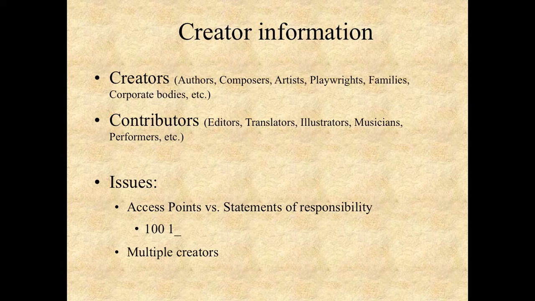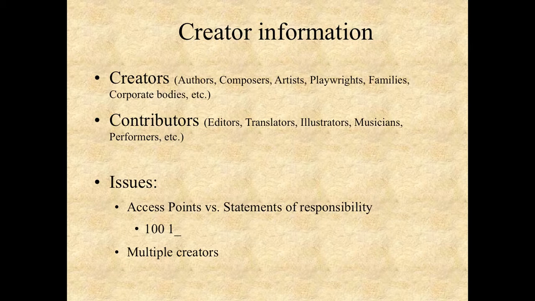That could be at another level. So not only, as on the slide here, creators such as primary creators, that is, such as authors, composers, artists, and so on, but also those on the contributor or expression level, things like editors, translators, illustrators, etc. Now, usually, this is transcribed data to a certain extent, although some communities also use the data to create authority-controlled access points.